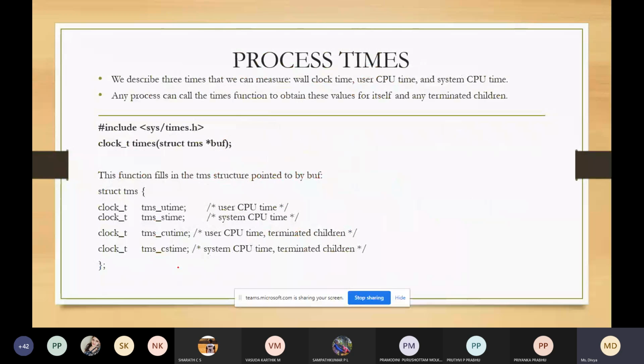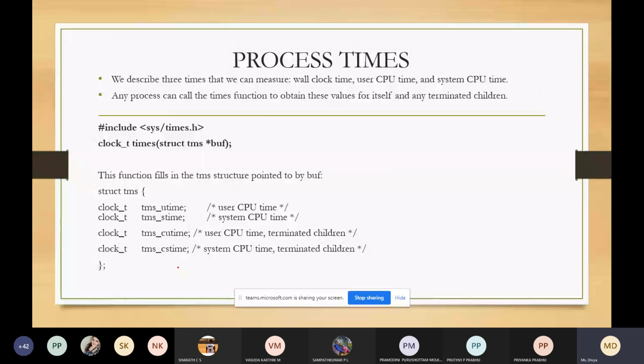The next topic is process times. Previously we described three times. There are three types of process times, measured using wall clock time.